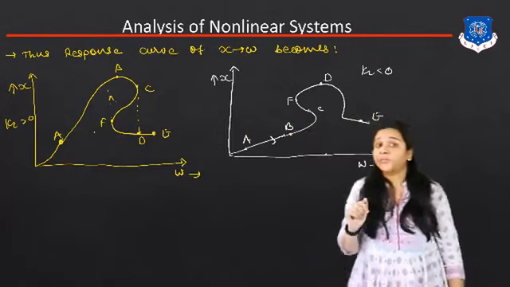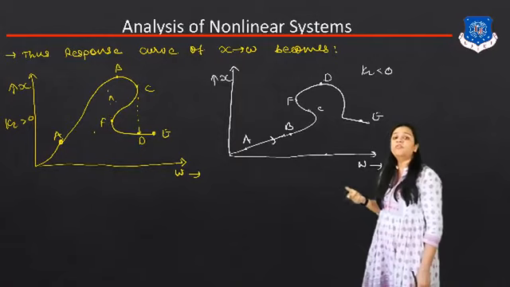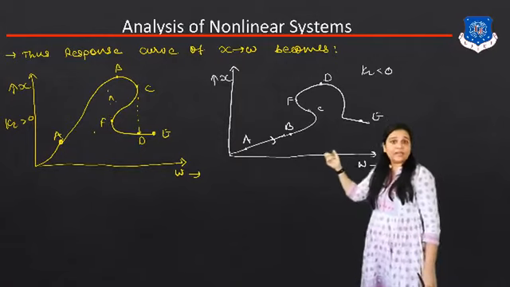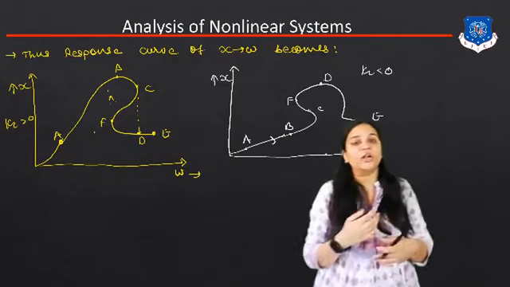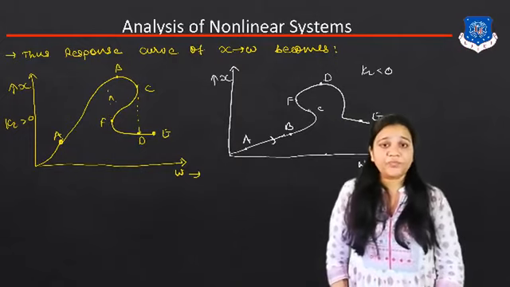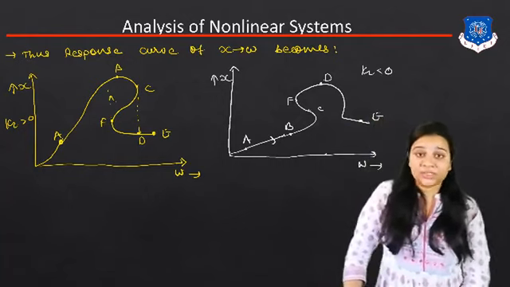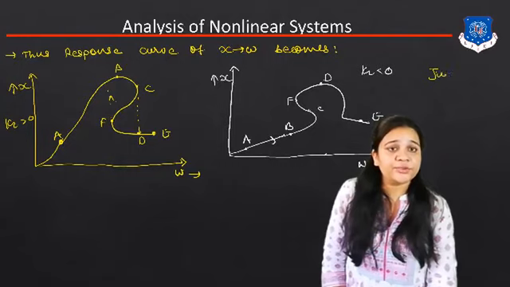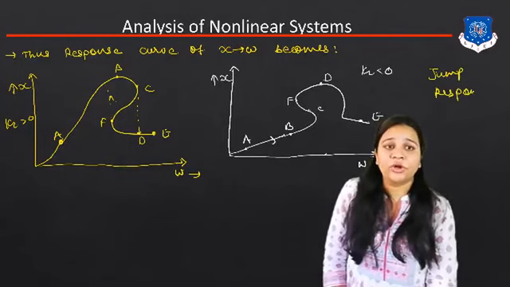But with the soft spring, if we increase the omega value, we get the point B, but it is not a resonant peak or peak overshoot for this particular system. So this is the graph for the soft spring, and this type of response is known as the jump response for this non-linear system.